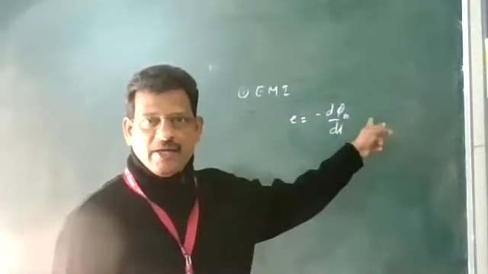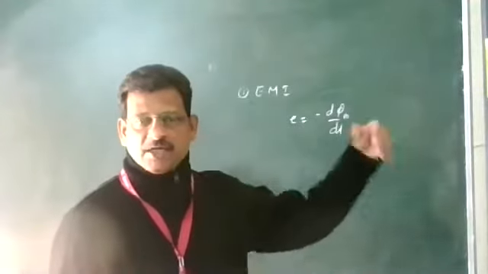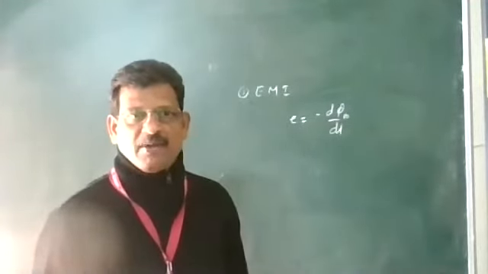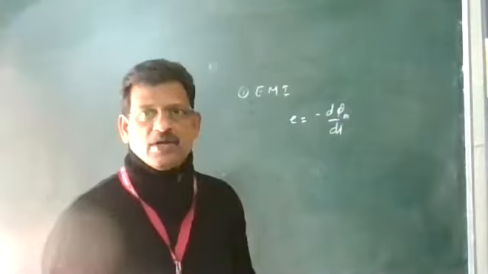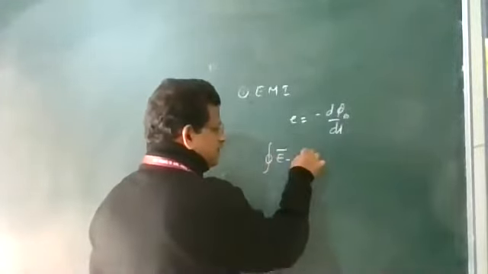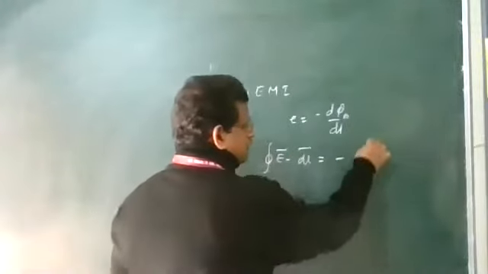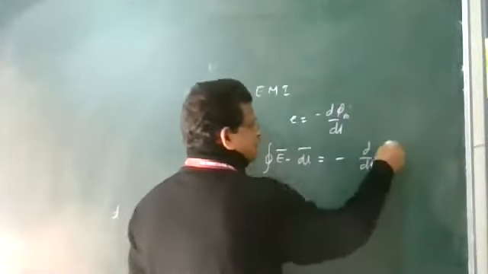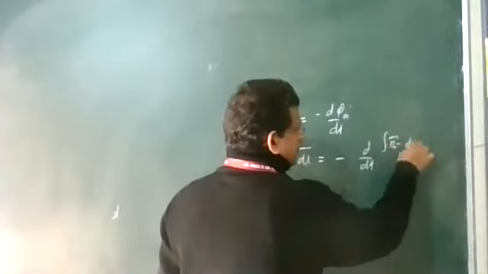I am going to relate EMF and Φ in terms of electric field and magnetic field. EMF can be defined as the work done in moving a unit charge over a complete loop. That is ∮E·dl equal to minus d by dt of the magnetic flux, ∫B·dA.